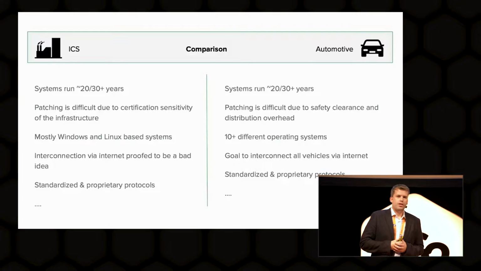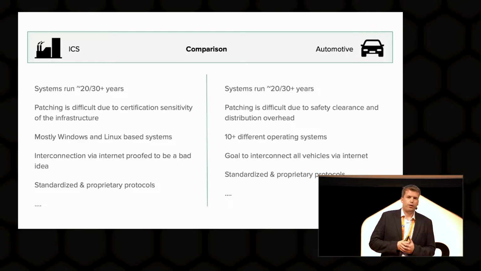As this is an ICS conference, we thought it might be a good idea to do some comparison between an automotive vehicle and ICS. What they both have in common is that the systems run fairly long. It depends on the system, but cars should run like 20 to 30 years. At least we're responsible for them for 30 years. And in both systems, patching is difficult. I'm not an expert in ICS, but what I've heard is that certification is a real thing.